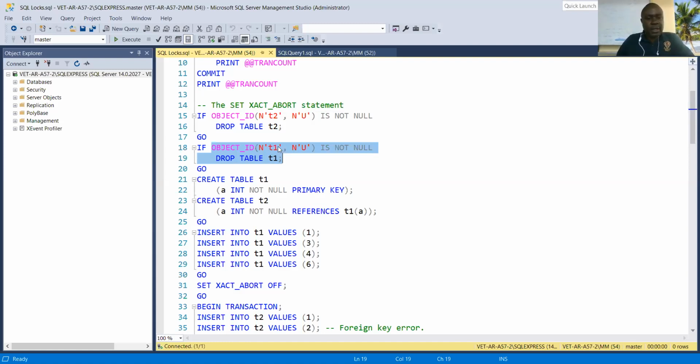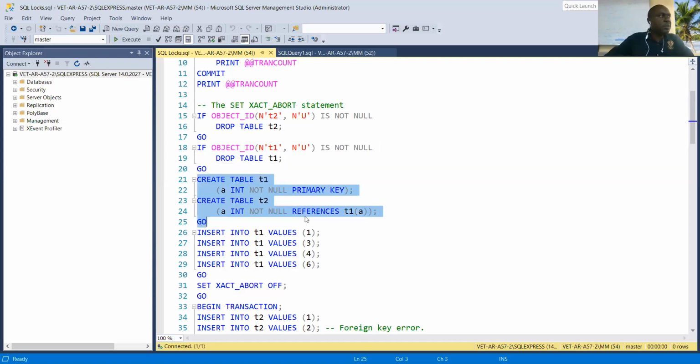If it doesn't exist, then this part is ignored and it will proceed. If it does exist, that table is first deleted. The idea is when we execute this part, we don't want to get an error message saying the table already exists.